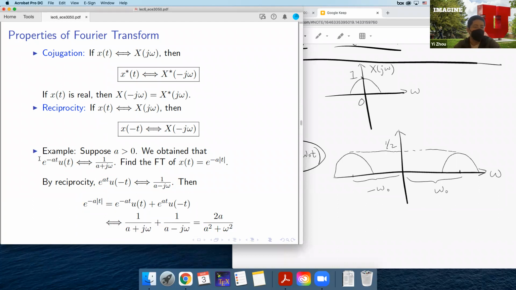So the statement is that given in that Fourier transform table, we are given that the Fourier transform of this signal is given by this one. This is a one-sided signal. Right? By multiplying by u(t), we only preserve the positive side of the signal. So given this Fourier transform, we want to find the Fourier transform of the two-sided version.